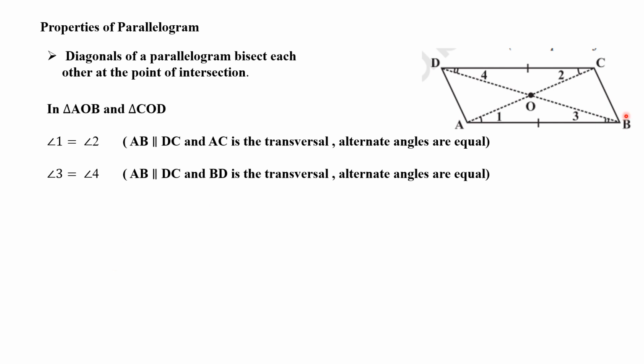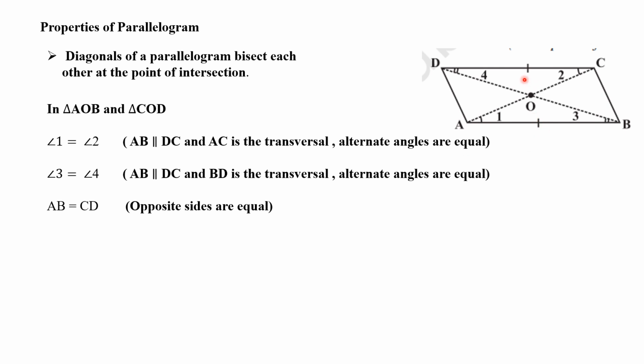Now similarly, angle 3 will be equal to angle 4 because again AB and CD are parallel and BD is the transversal. So again the alternate angles will be equal, and the third one, AB will be equal to CD because we have already seen that opposite sides are equal, right? Just now we have proved that in a parallelogram opposite sides are equal. So again I have got my three criteria. So I can say that triangle AOB and COD will be congruent.